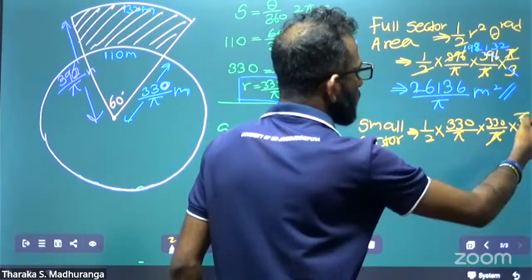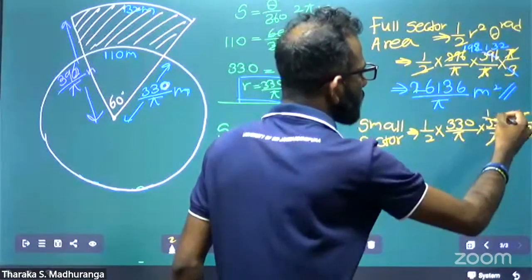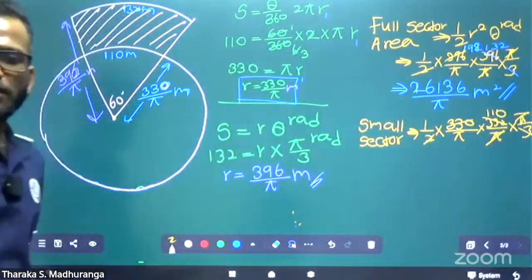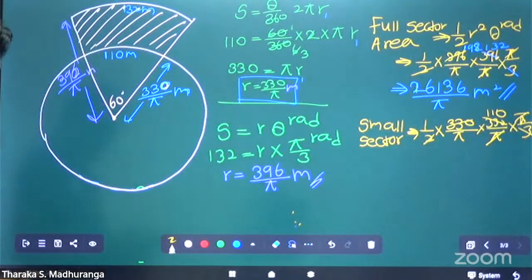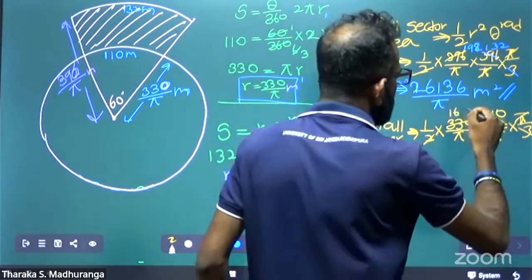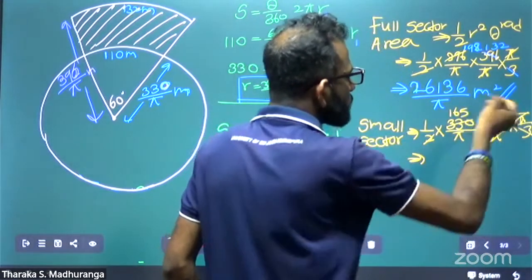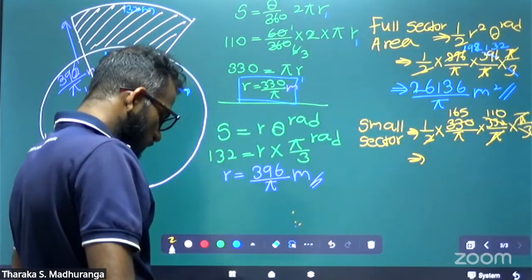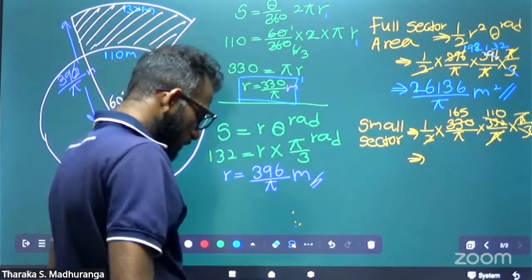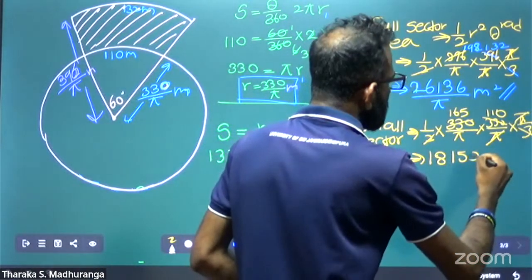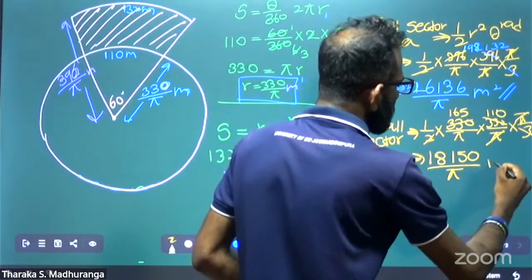Then 5 and 5 cancel out. 330 over 3 is 110. 330 over 2 is 165. Now 165 into 110 is 18,150 over 5 square meter.